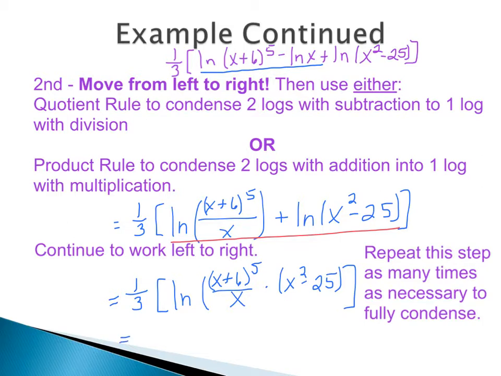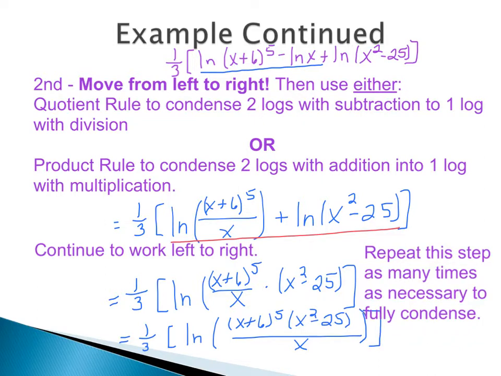So that way we have 1/3 natural log of x plus 6 to the 5th, and then that x squared minus 25 will go in the numerator, all over x. So that's what we have right now.